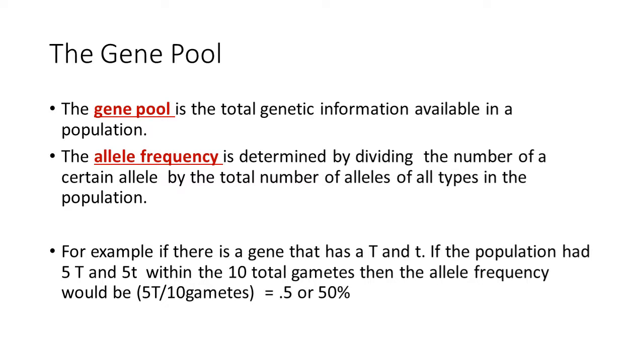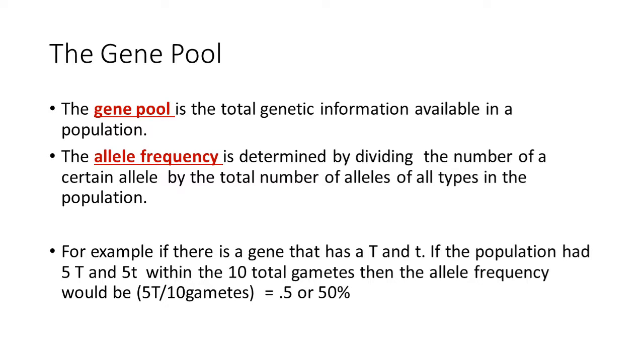What's the meaning of allele frequency? You get two alleles, one from mom and one from dad, dominant and recessive. Dominant allele has an uppercase letter, recessive allele has a lowercase letter.